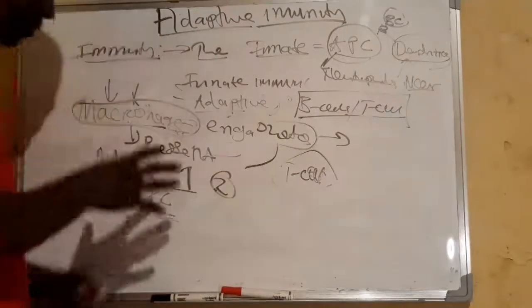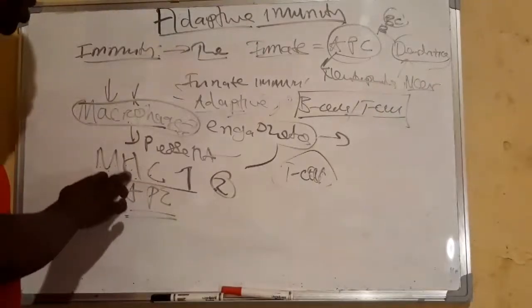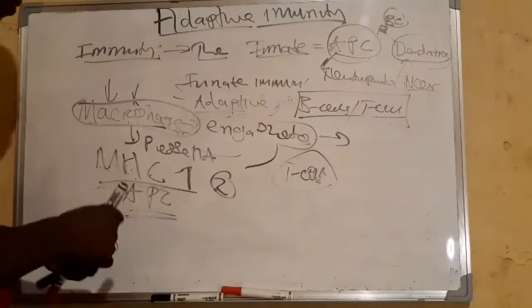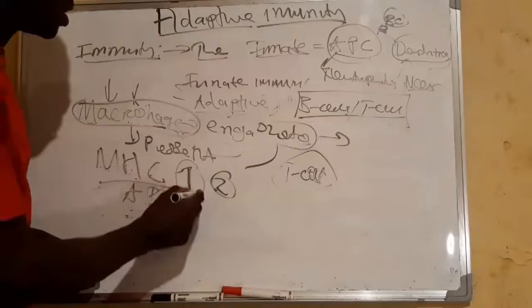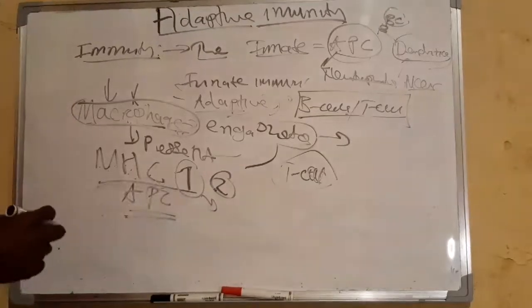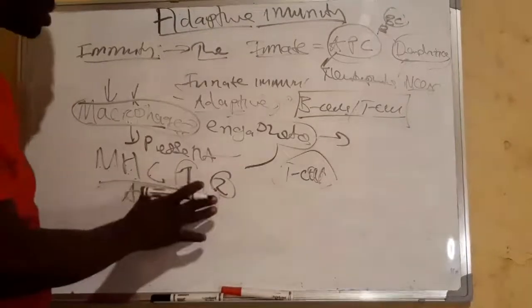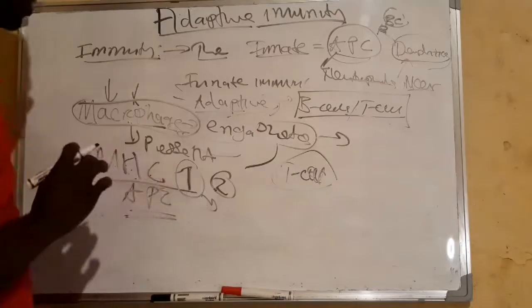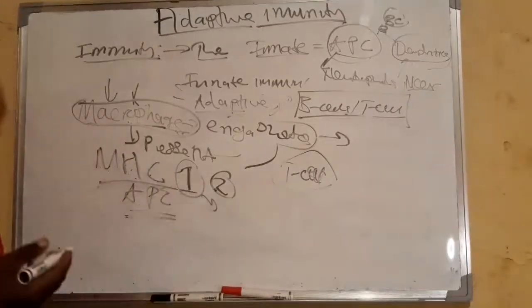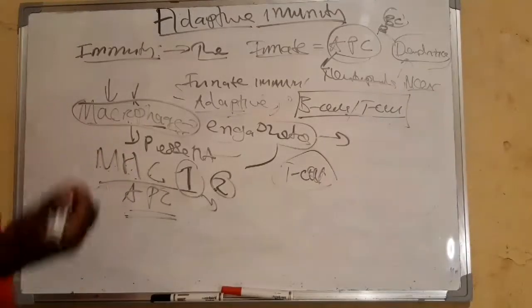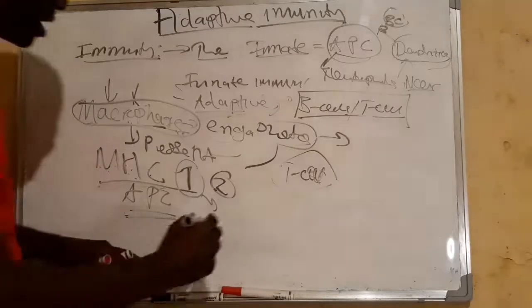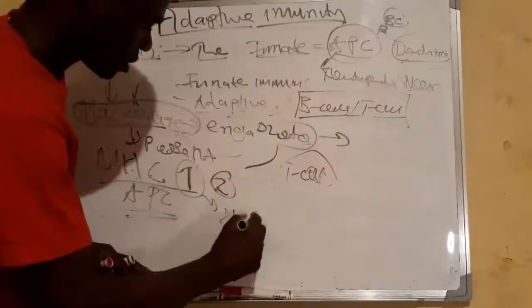So now we are talking about major histocompatibility 2. What about major histocompatibility 1? This major histocompatibility 1 is the protein surface that is found on the host cells.